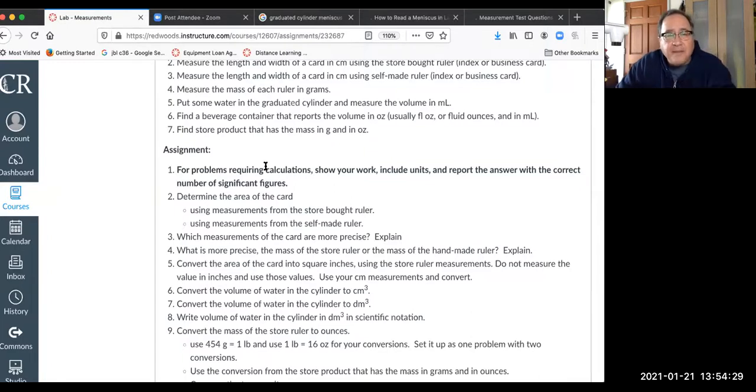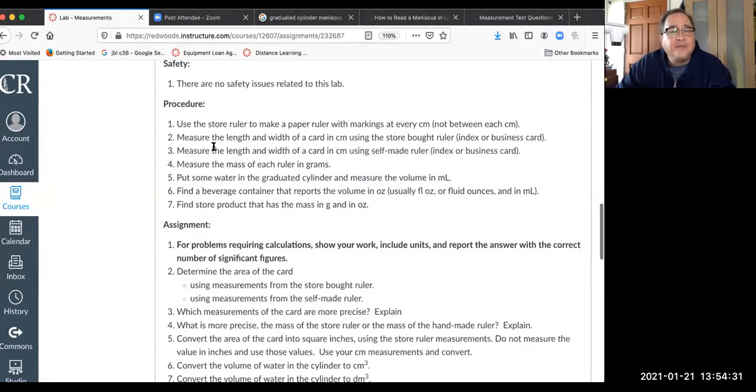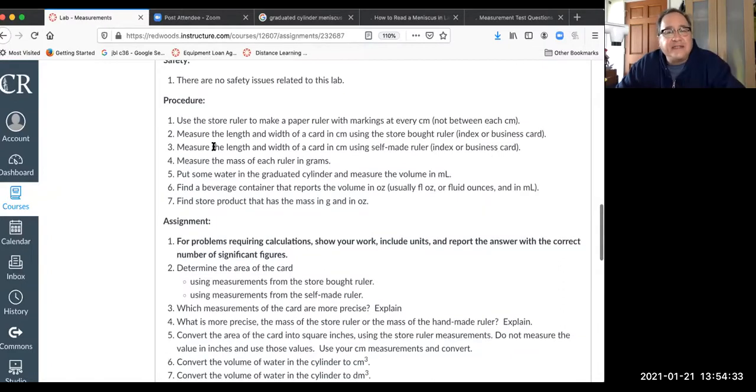Now, let's talk about the data that you would collect. For number 1, is there any data to collect? Give me a yes or a no. Procedure number 1, any data to collect? And the answer is no. Number one, make a store ruler or use the store ruler to make a paper ruler.